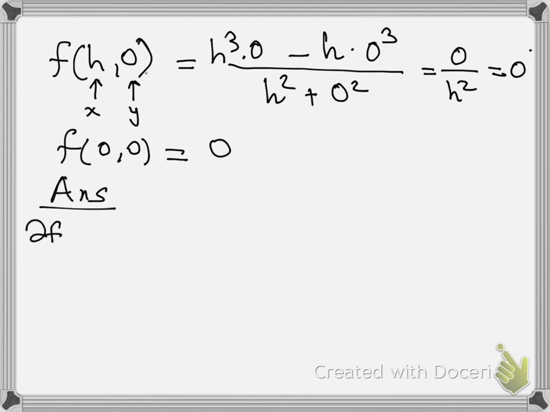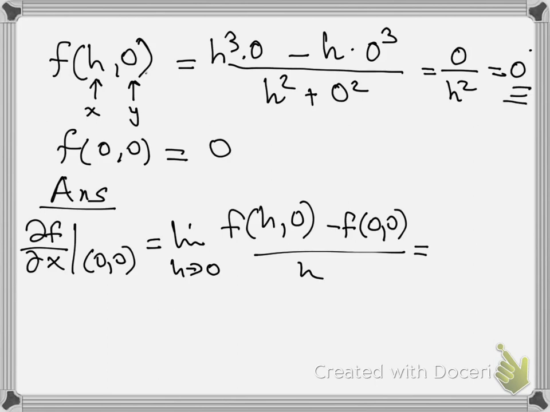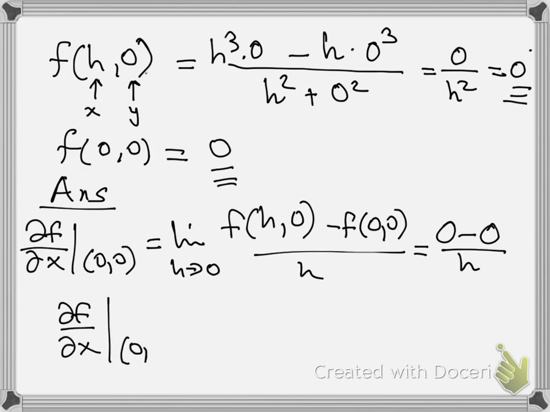Partial f, partial x at the point (0,0): we said it's the limit as h goes to 0 of f of (h,0) minus f of (0,0) over h. f of (h,0) we said is 0, minus f of (0,0), which we said is 0, over h. So it's just 0 over h, which is equal to 0.